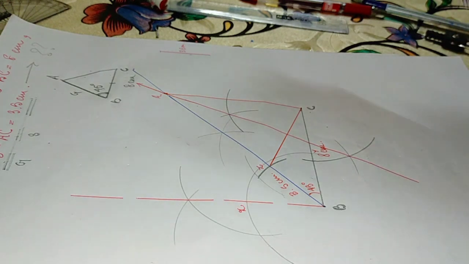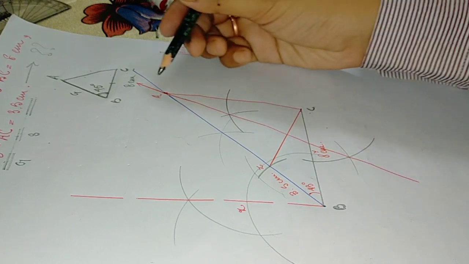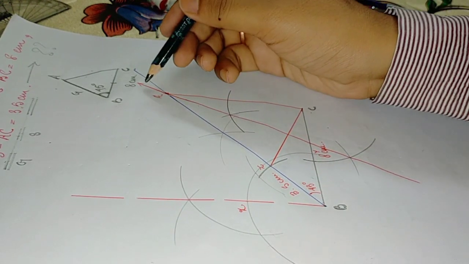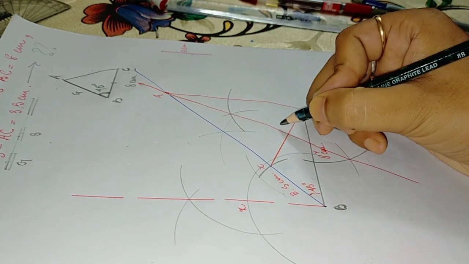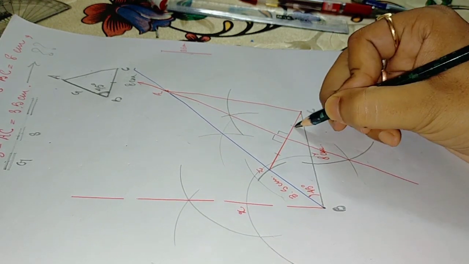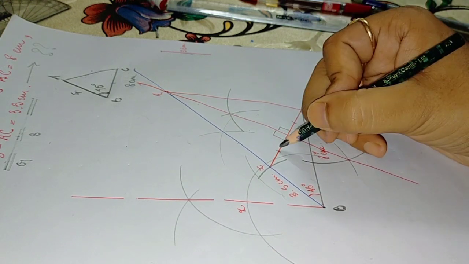So when I was drawing this particular line, can you tell me what is the name of this line? This is the perpendicular bisector on CZ. That means this angle is 90 degrees, this angle is 90 degrees. This is equal to this. Again, that means these two triangles will be congruent. How?